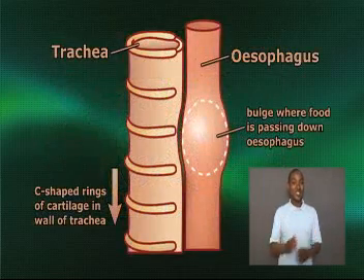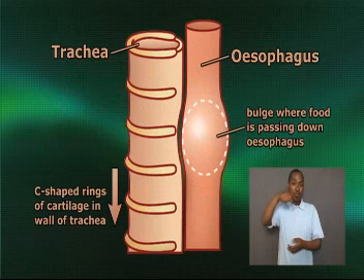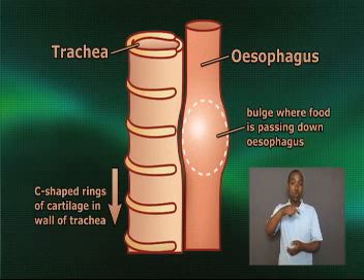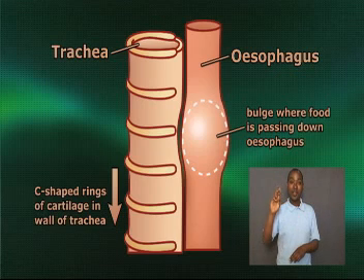The trachea is supported by a series of rings of cartilage shaped like the letter C. Cartilage is a smooth, rubbery material that reduces friction and cushions joints.